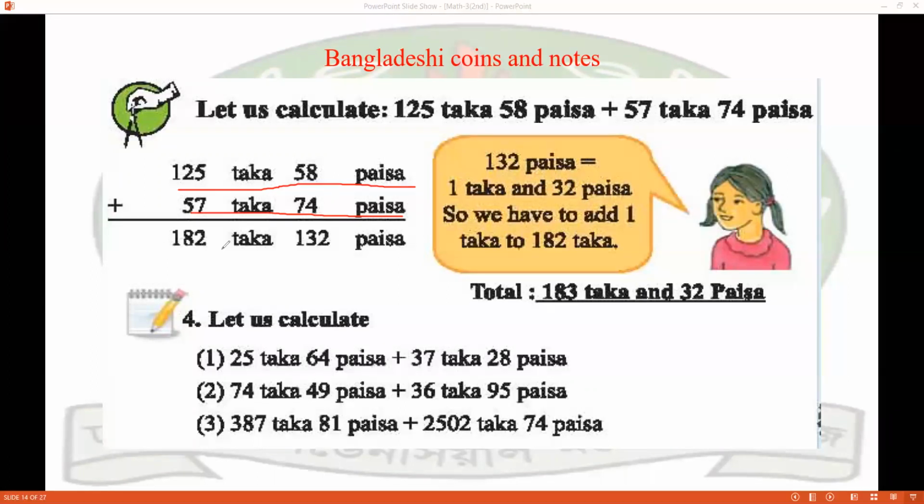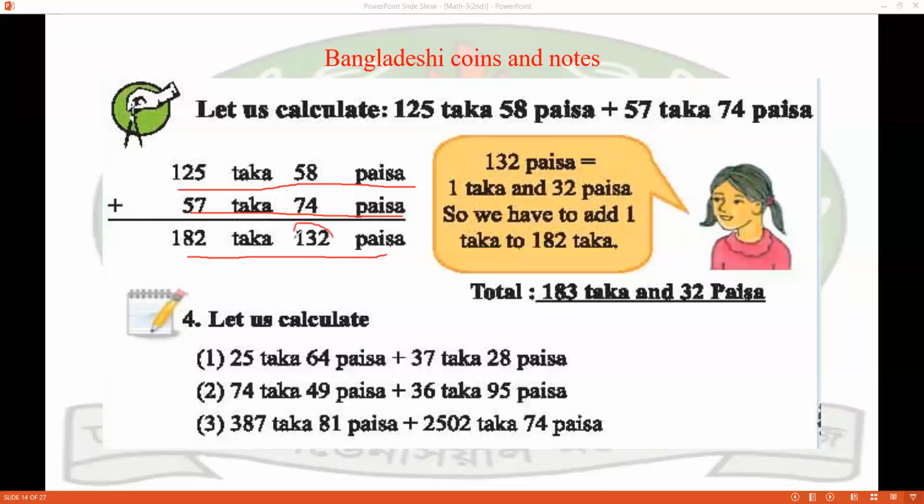So at first we add 8 and 4, that means 12, 2 remain 1, 5 and 7 is 12 and 1 is 13... we get 182 taka and 132 paisa.